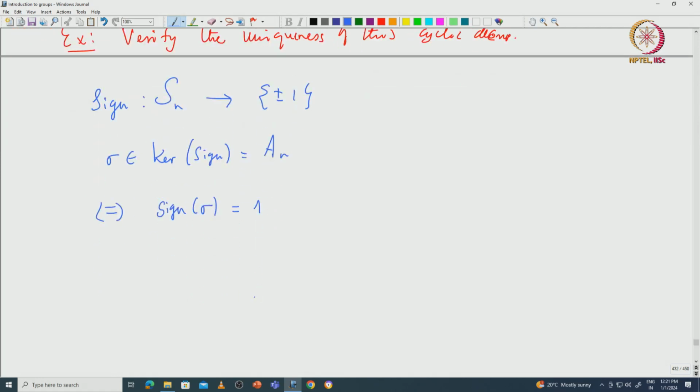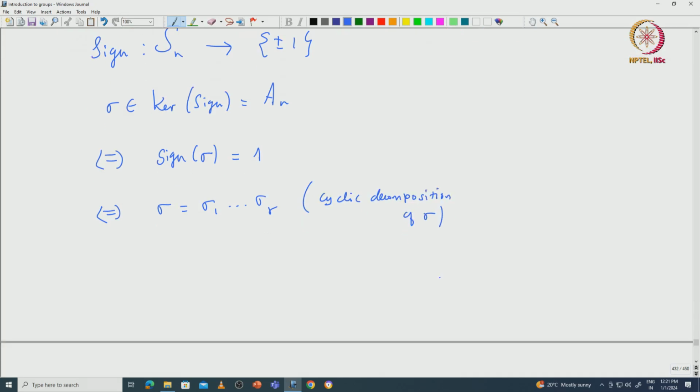If you write sigma as the product of sigma_1 etc. sigma_r, the cyclic decomposition of sigma, then the sign of sigma is exactly the sign of sigma_1 times etc. times the sign of sigma_r.